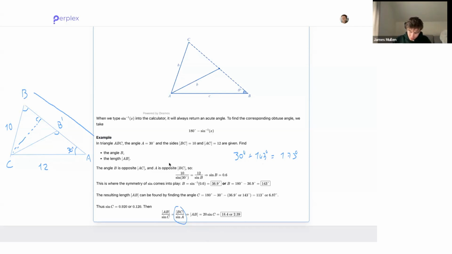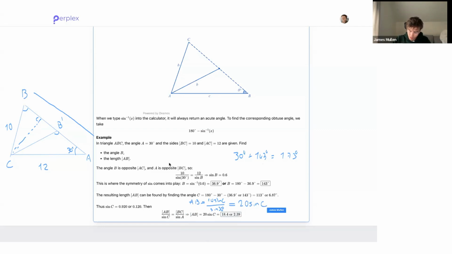And that means I can isolate and write AB is equal to, and I should probably, because we haven't seen the unit circle yet, write this as AB is equal to 10 sine of C over sine of 30 degrees. You can check on your calculator that sine of 30 degrees is 1 over 2, and that makes this 20 sine of C.